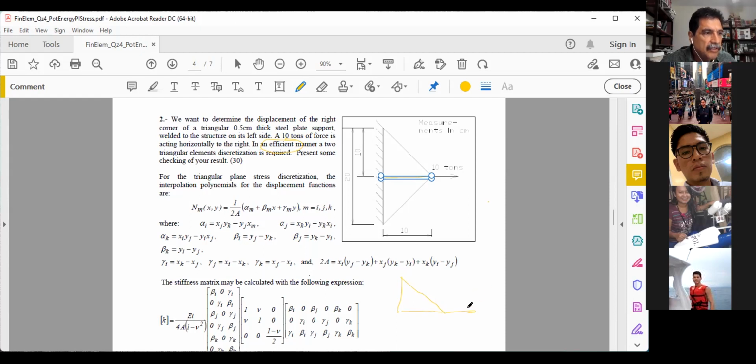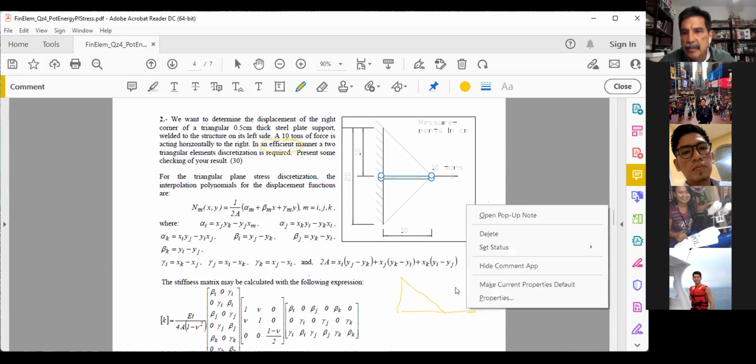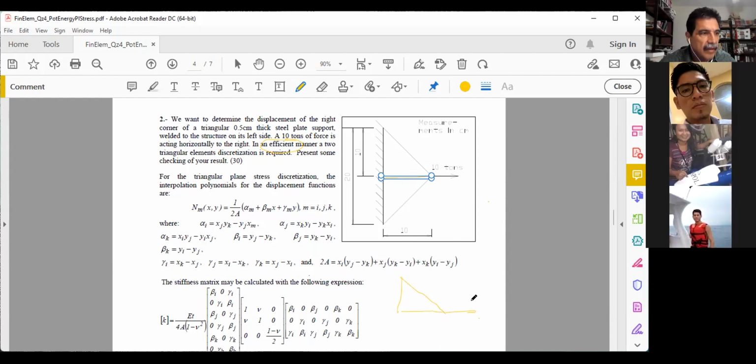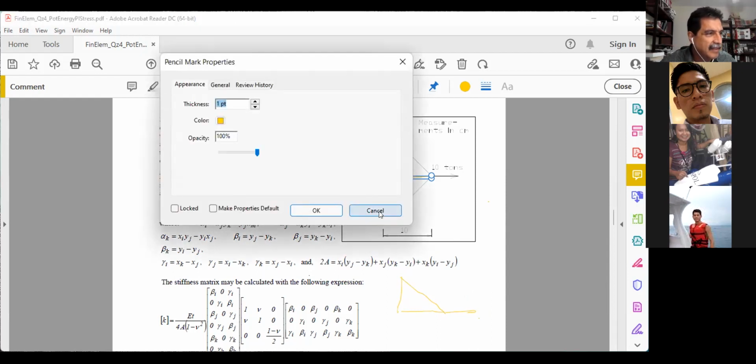How much is the force that you have to apply here? Mr. Peralta, how much is the force that you need to apply in this point? The half of 10 tons. How much is the half of 10 tons? 500 kilograms. Come on, 5 tons. Yes.